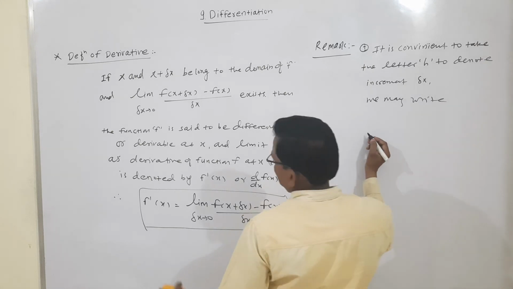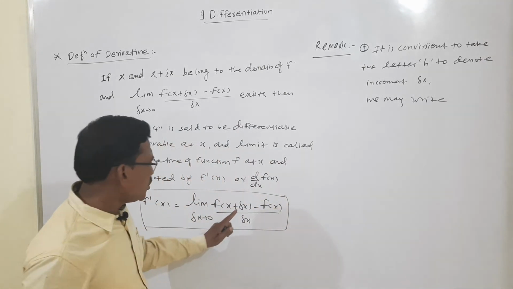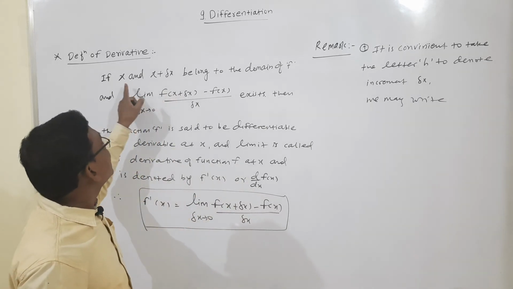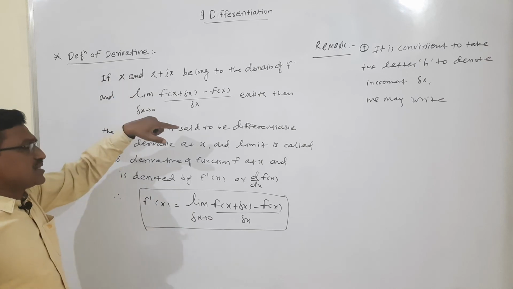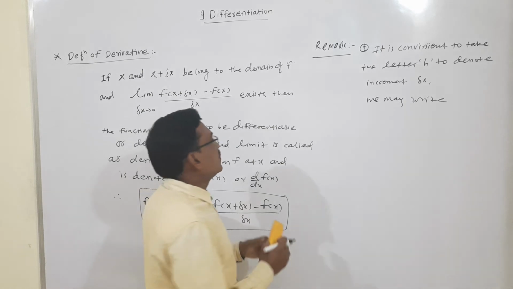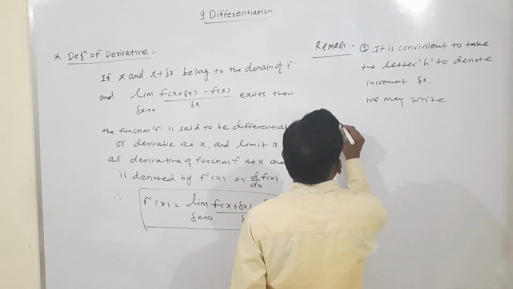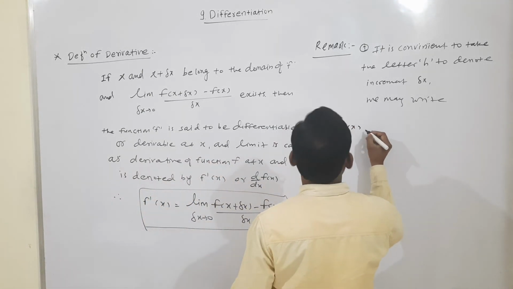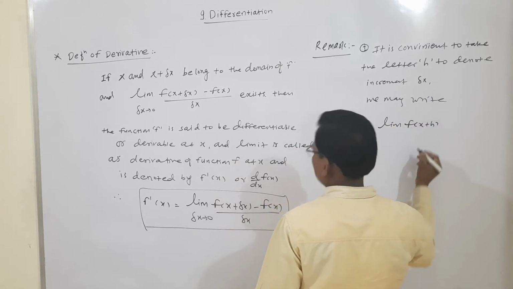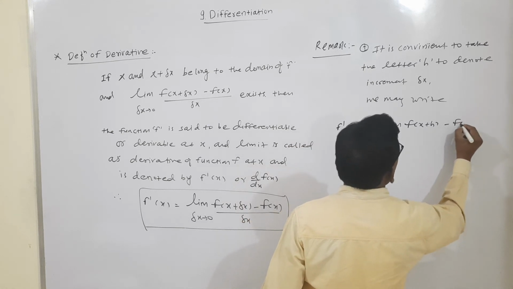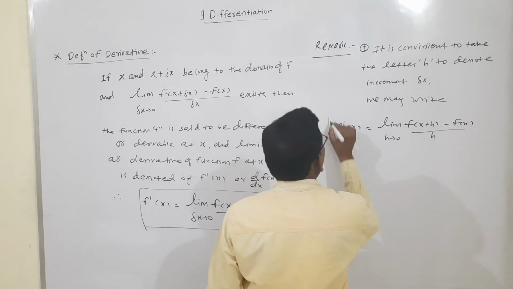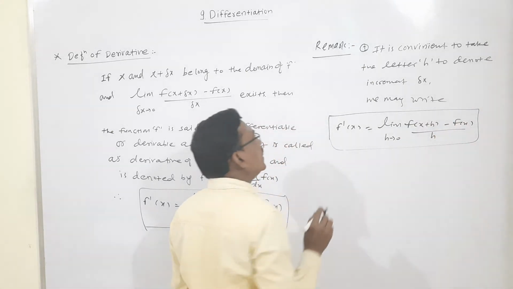Delta x is the small increment in x, which is why we denote this increment delta x by h. Therefore f dash x is equal to the limit of f of x plus h minus f of x divided by h, as h tends to 0. This is the definition of the derivative.